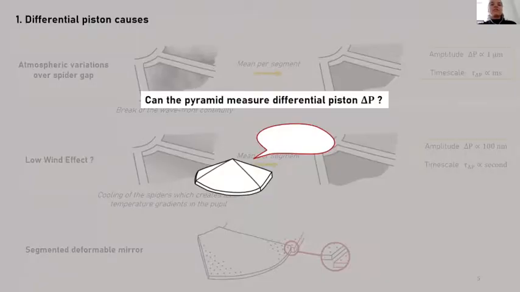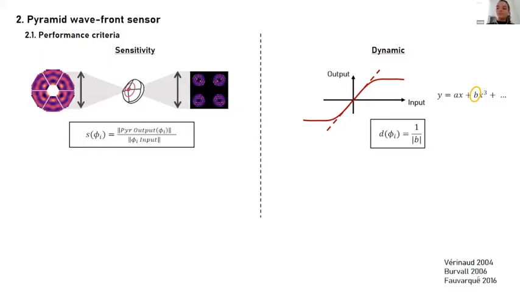At the moment, the preferred wavefront sensor design is a pyramid, and I wanted to question its ability to sense differential piston. So just to introduce 2 performance criteria which are well known for the pyramid. We have first the sensitivity, which is the output signal for a given mode, and the dynamic.